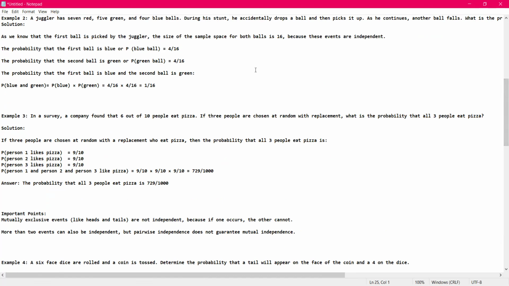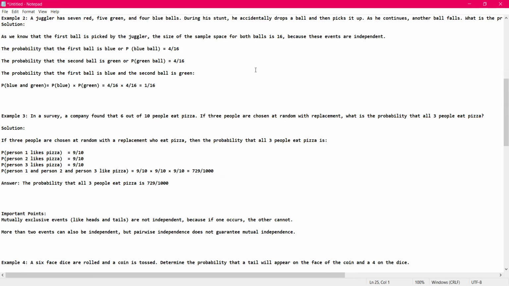Next one: a juggler has 7 red, 5 green, and 4 blue balls. Suppose there is a juggler. He is having 7 red balls, 5 green balls, and 4 blue balls. During his turn, it means he is doing one stunt. During his turn, he accidentally drops a ball and then picks it up.